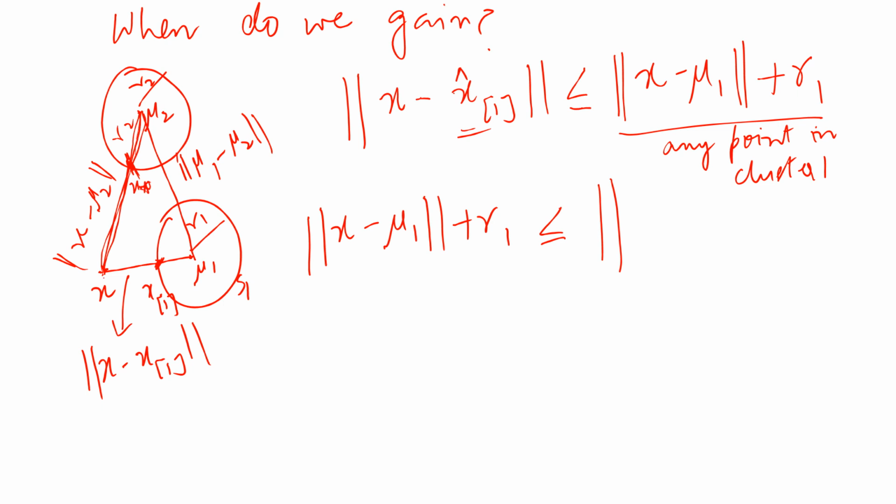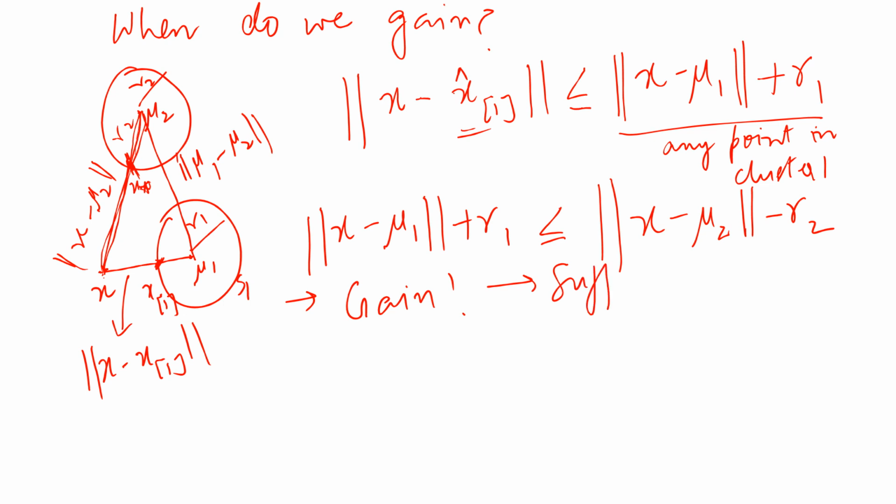So if that nearest point is still further away than any point in my cluster 1, then in mathematical terms, ||x - mu1|| + r1 < ||x - mu2|| - r2. If this is the case, then it is guaranteed that we are going to gain in this branch and bound, right? So this is the sufficient condition.